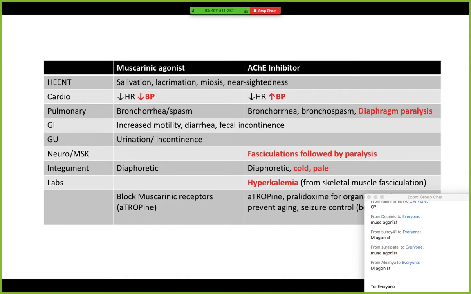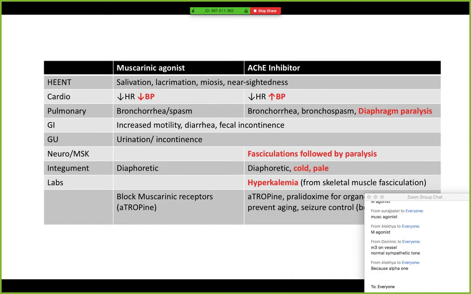Because by giving an exogenous muscarinic agonist, you can activate your M3 receptors on the smooth muscle vasculature. And then with an acetylcholinesterase inhibitor, you're going to see an increase in blood pressure because why? Why do you see an increase in blood pressure with an acetylcholinesterase inhibitor? Right, normal sympathetic tone and activation of alpha-1, yeah.